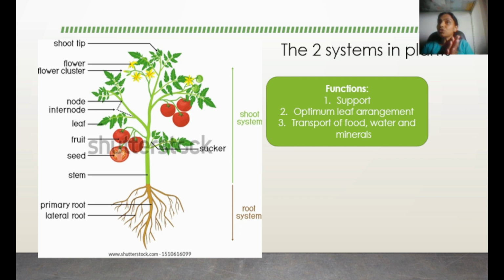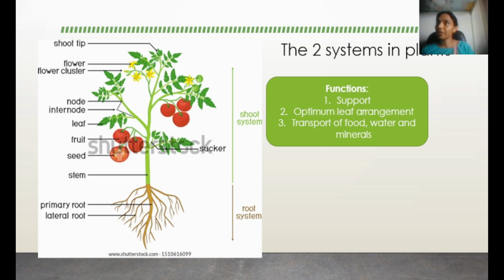If the leaves are covering each other, then obviously the leaves below will not receive enough sunlight, and they will not be able to prepare food, and it will be a waste for the whole plant to produce such leaves, right? So optimum leaf arrangement, the best arrangement of leaves so that all the leaves are exposed to sunlight, is one of the functions of the stem to make sure that this happens.